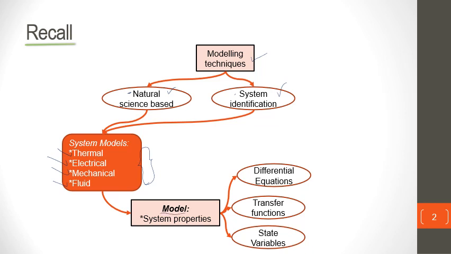And we said the three different ways you can represent the models are: you can represent them using differential equations, dynamic differential equations, and then you can represent it using transfer functions, or you can use what's called state space representation or state variable representation. So this lecture is all about how you represent your system using state space representation or state variable representation.